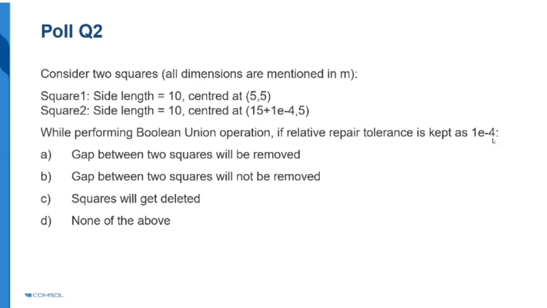The absolute repair tolerance is based on the maximum coordinate, which is roughly 20 meters, and 20 meters times 1e-4, that is 2e-3, is the tolerance which will be applied. The entities which are smaller than that will get removed, and hence the gap between the two squares will be removed, and those squares will just appear next to each other, just touching squares.